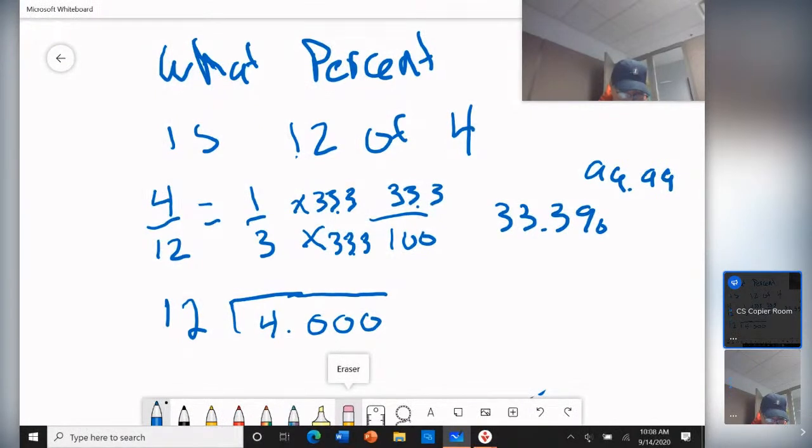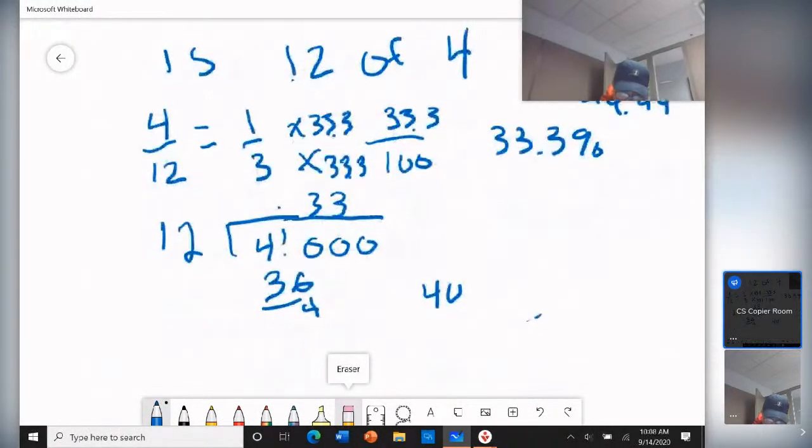We know 12 doesn't go into 4, but it goes into 40 3 times. Remember, move this decimal up. That's 36. And then it's going to be 40. And it's going to be 3. Then it's going to be, so it'd be 33.3%. And that's going to keep repeating. But for all intents and purposes, it's going to be 33.3%.